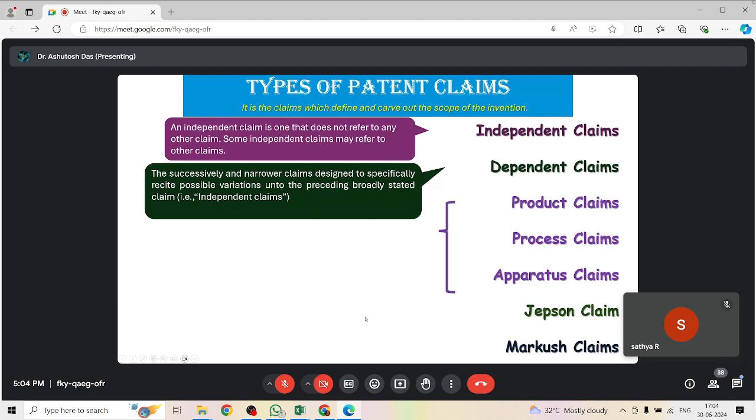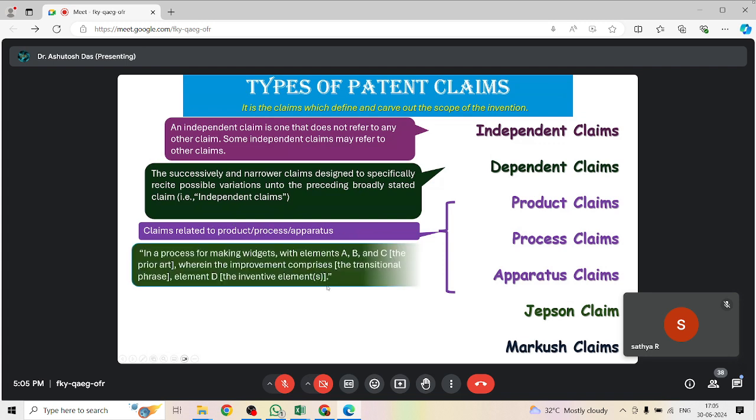Then product, process, and apparatus claims. They are very clear. Product means a particular product. It talks about a particular product, or particular process, or particular apparatus. Then the Jepson claim. These are specific claims, mostly not used, but sometimes used. Jepson claim means what? An improvement claim. For example: in the process of making widgets, the elements A, B, and C are the prior art, wherein the improvement comprises element D. It is written differently from others.